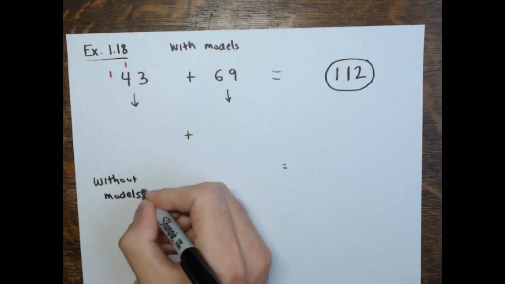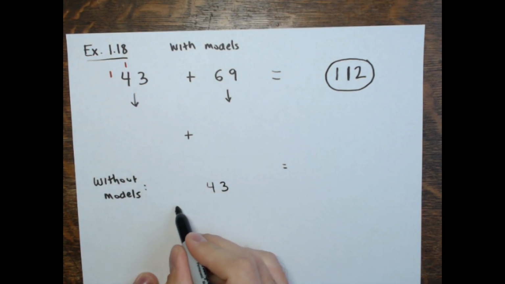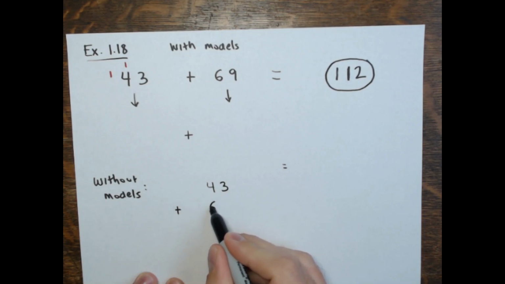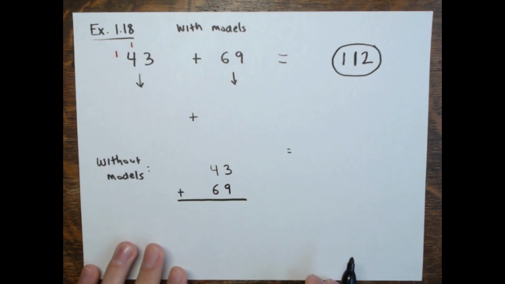All right, so without the models, we're taking 43, going to add to that 69. And I'm writing them vertically, lining up the correct place values.